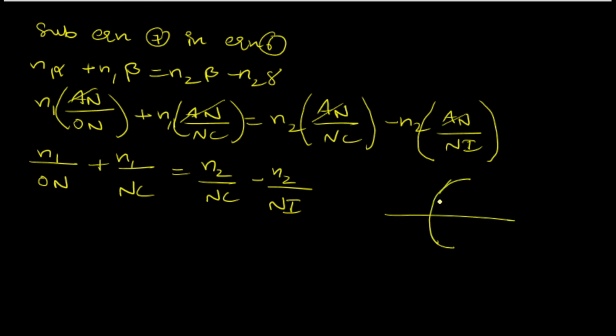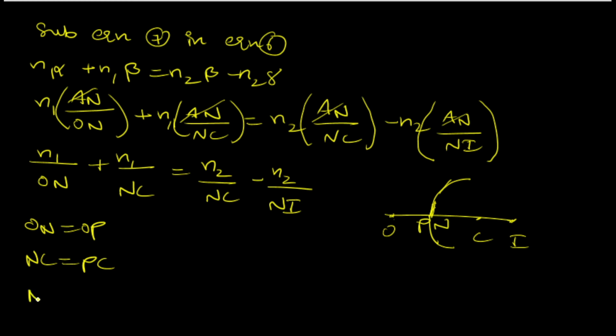Now from the figure, whenever you consider the paraxial rays and draw a perpendicular line from the incident ray to this principal axis, this N coincides with P, right? And here we have the object, here we have the center of curvature, here we have the image. Then the value of ON will be equal to OP, NC is equal to PC, and NI is equal to PI.